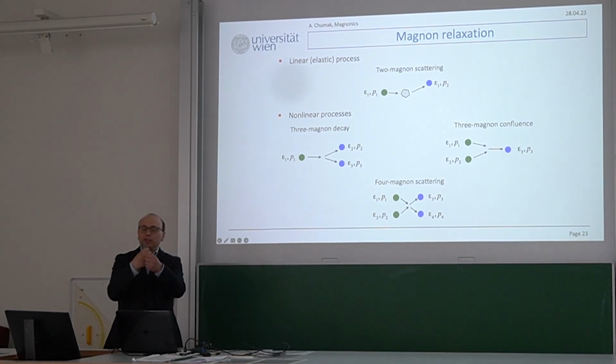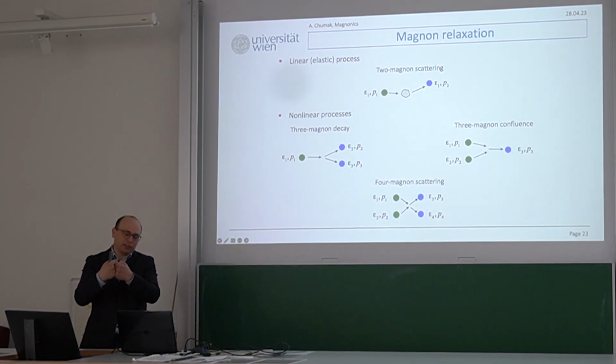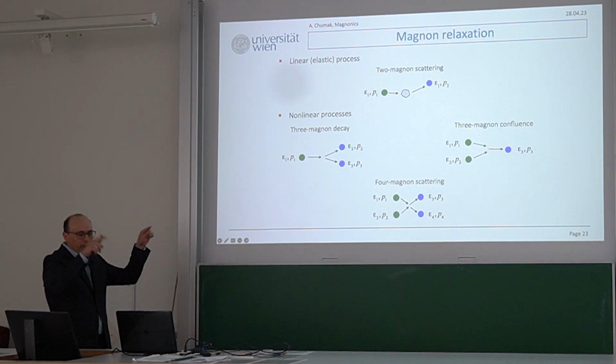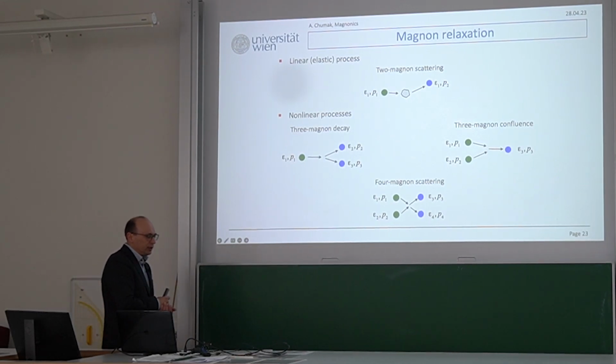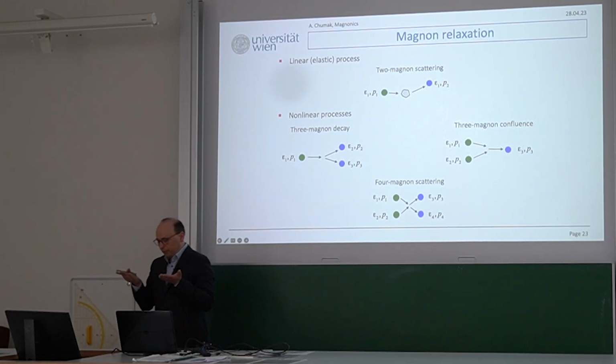So if you have two magnons located at practically the same energy and momentum, they can scatter into the same magnons here, or in principle you can always find two points in the spectrum where you can scatter your magnons.